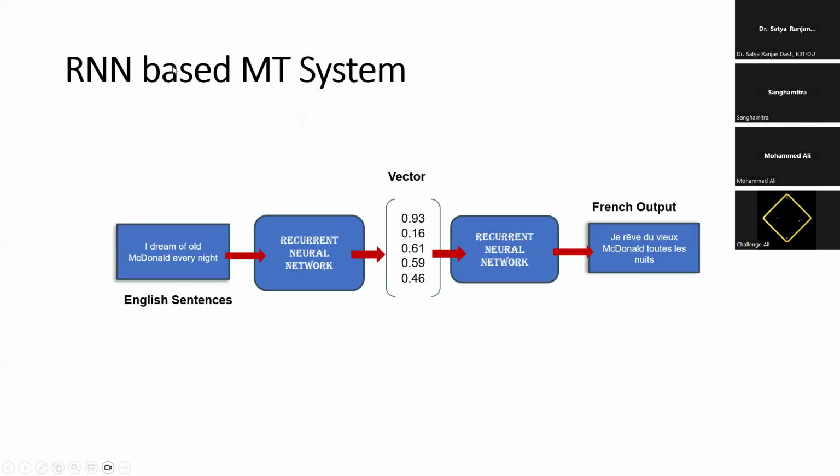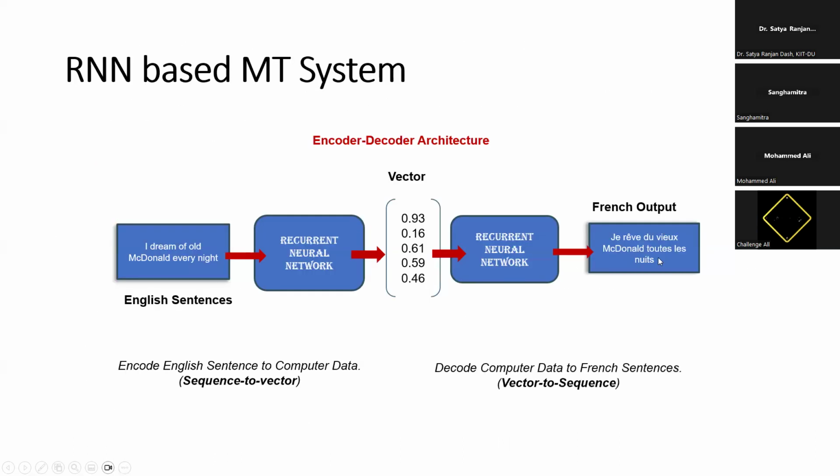So this is the basic architecture of a recurrent neural network-based machine translation system. You can see here, you have 2 RNNs. The first RNN takes variable length sequences as input and converts it into a fixed length vector. And on the decoder side, you have another recurrent neural network which will convert the fixed length vector into the variable length sequence again at the output.